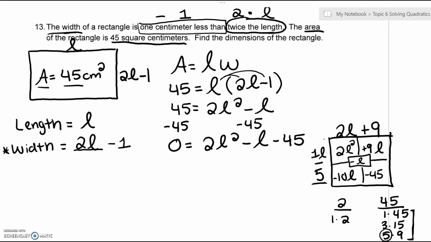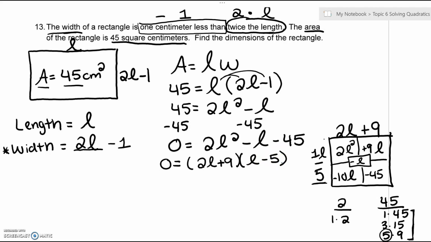So now these are my factors. I still have to keep it in my equation. I have 0 equals the first of my factors, 2L plus 9, I'm sorry, 2L plus 9, and my second factor is L minus 5.